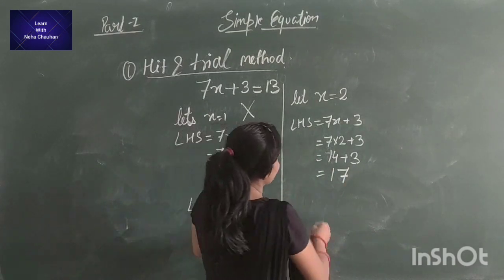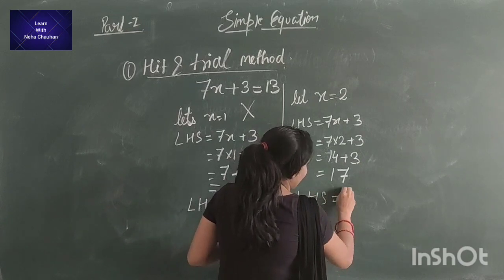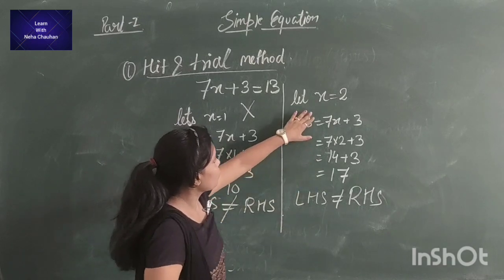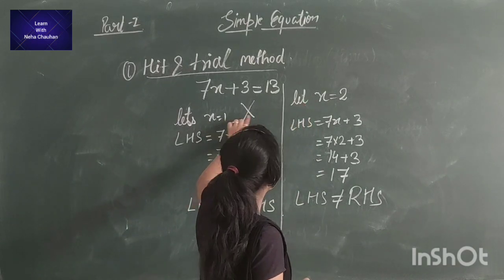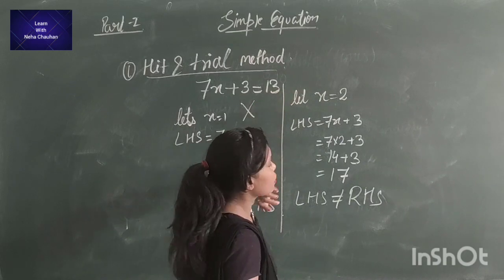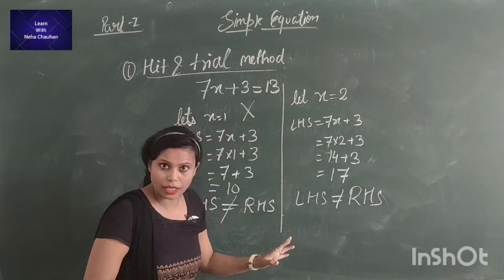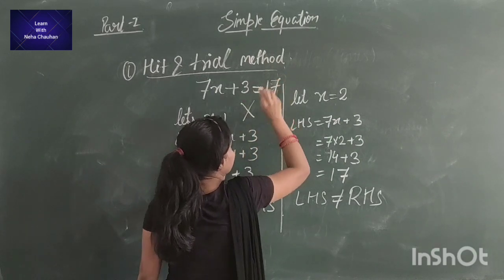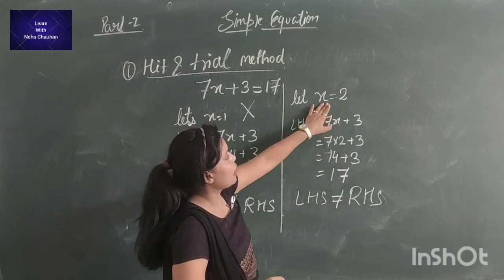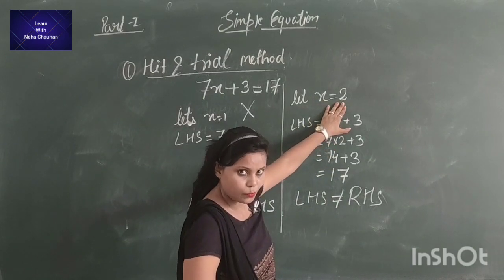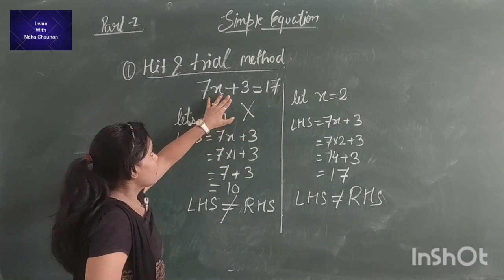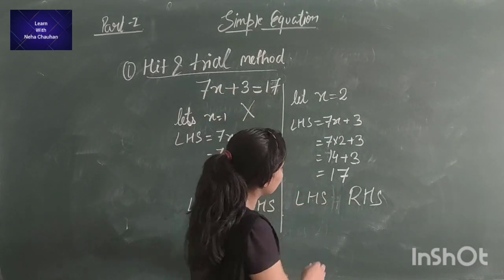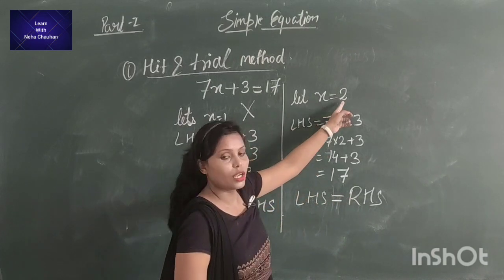So this represents LHS is not equal to RHS. That shows that the value lies between 1 and 2 and our equation is also wrong. Okay. So if in the place of 13 we have 17, then only we can have x is equal to 2. If the equation consists of 17 here, then only we can get the value which is equal to 2.